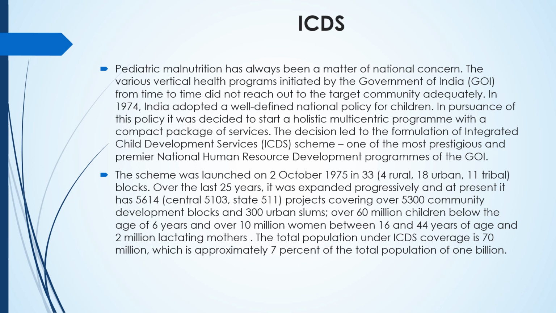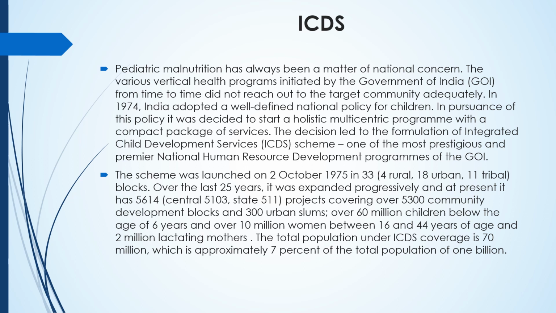In pursuance of this policy, it was decided to start a holistic multi-centric program with compact packages of services. So the decision led to the formulation of the Integrated Child Development Scheme, one of the most prestigious and premier National Human Resource Development Programs of Government of India, which is reaching many children across India.